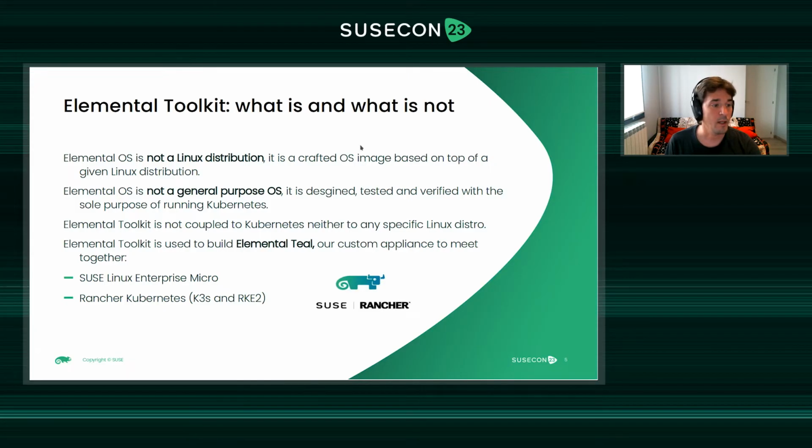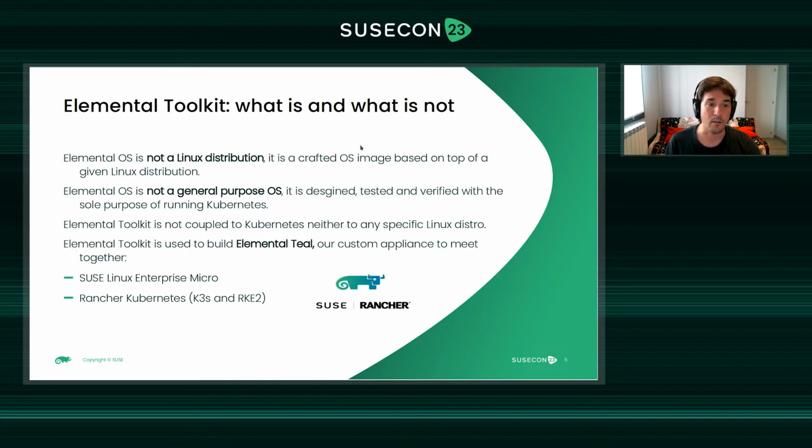In addition, Elemental Toolkit is basically used to build the Elemental Teal. And as I said before, the Elemental Teal is our custom appliance that brings together the SUSE Linux Enterprise Micro distribution with the Rancher Kubernetes distributions, which are K3s and RKE2. So Elemental Teal is based on the SUSE Linux Enterprise distribution, and it takes advantage of it.